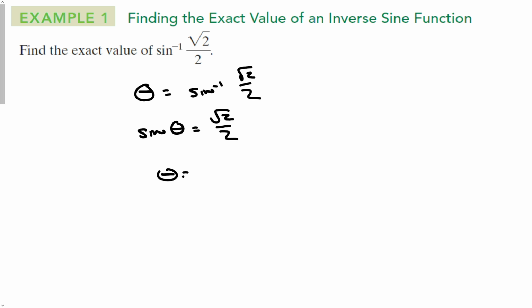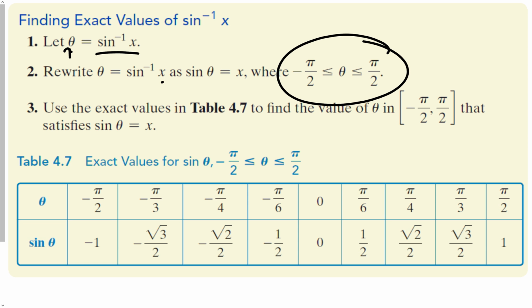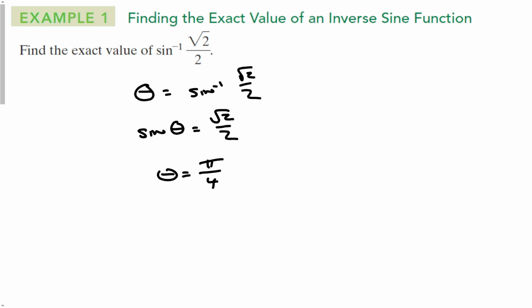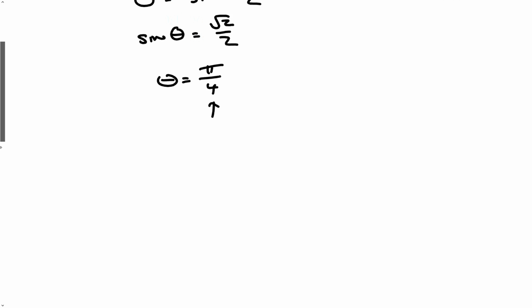And so theta is pi over 4. Double check, and we can see pi over 4 gives radical 2 over 2. The outputs of inverses are angles, so I'm usually going to have an angle in terms of pi as my answer.